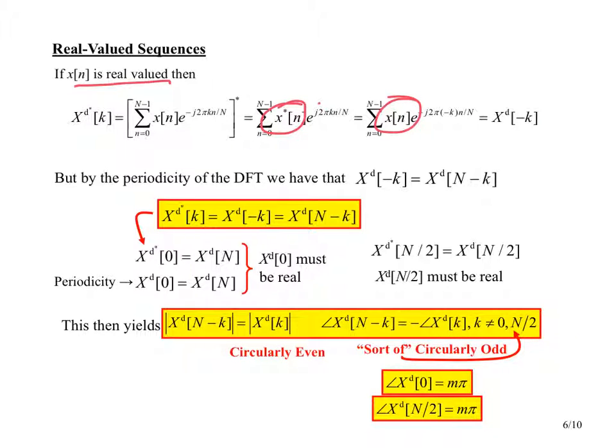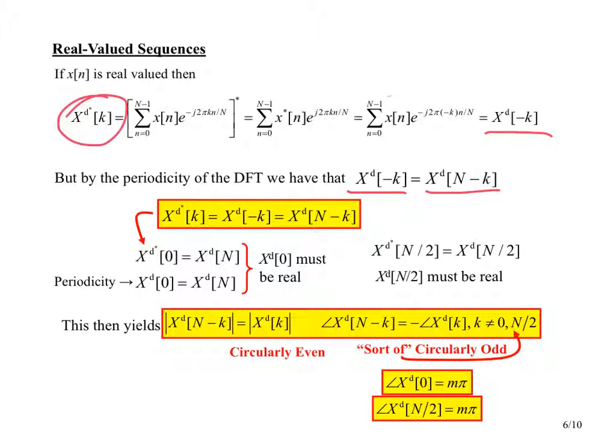And so what we see here is that for a real valued signal, if we take the complex conjugate of the DFT, it's the same as indexing it backwards. But remember that the periodicity of the DFT allows us to write this indexed backwards as indexing from the other end.